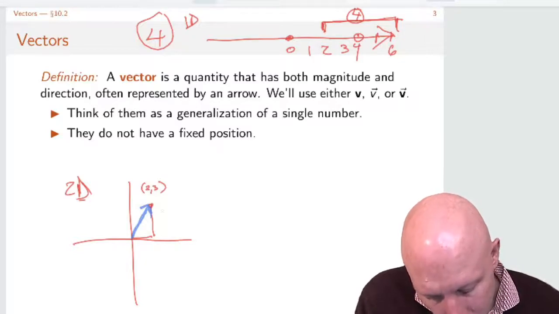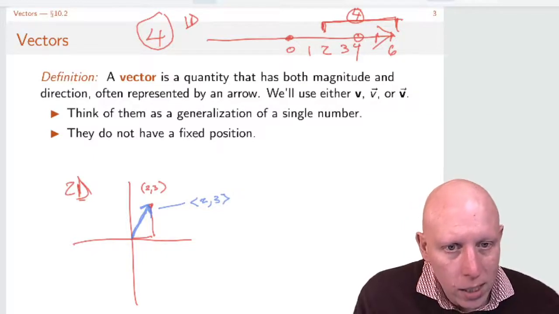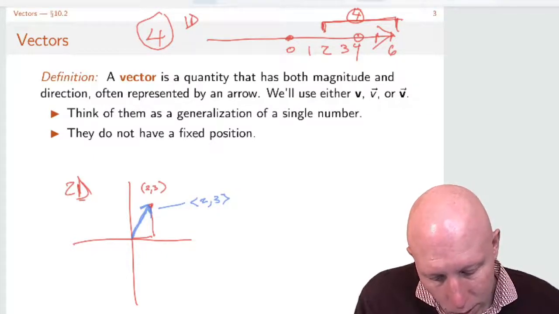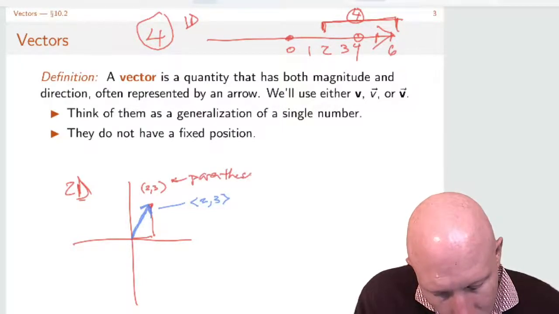And this vector, this blue quantity, we're going to put in angle brackets instead of the round parentheses, right? These are parentheses, and these are angle brackets.